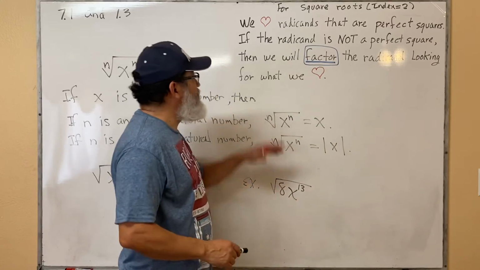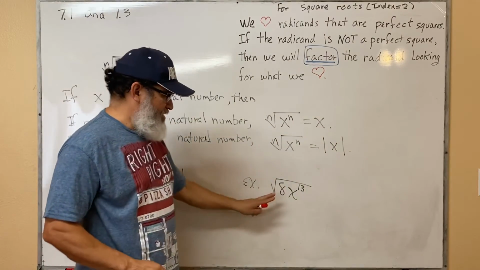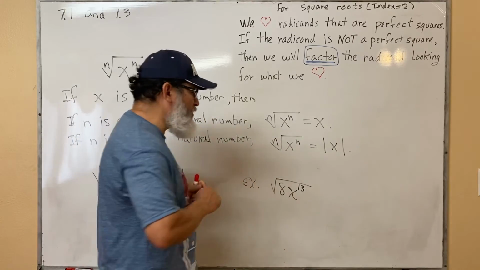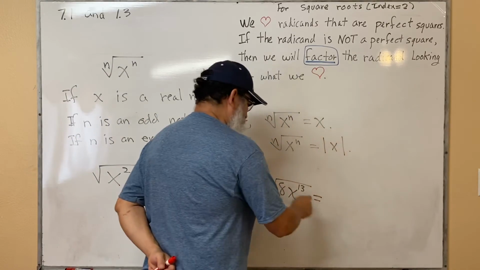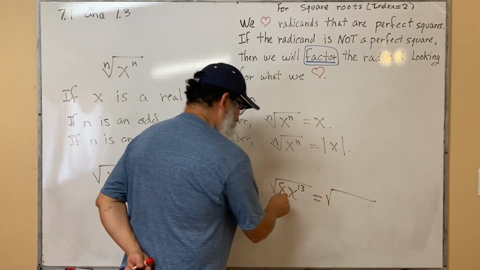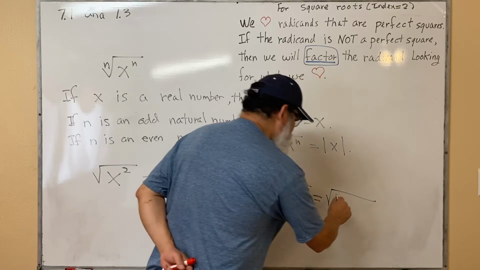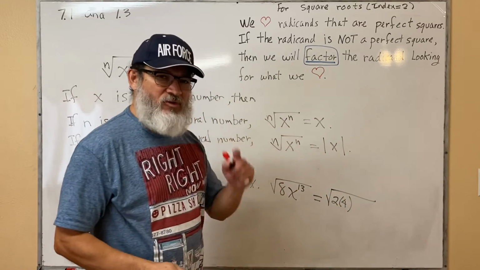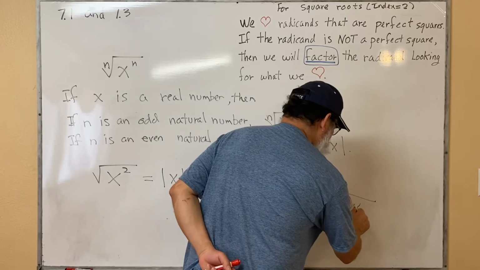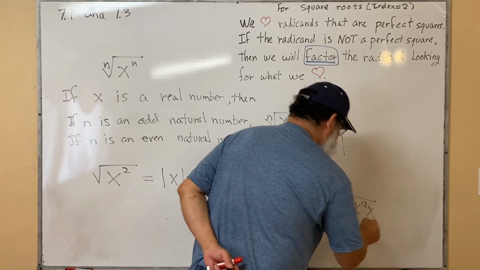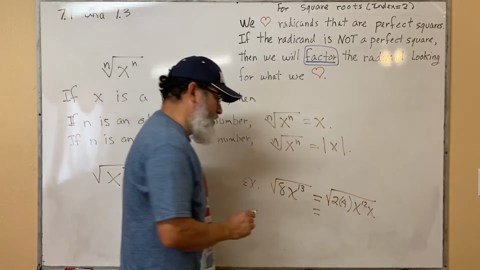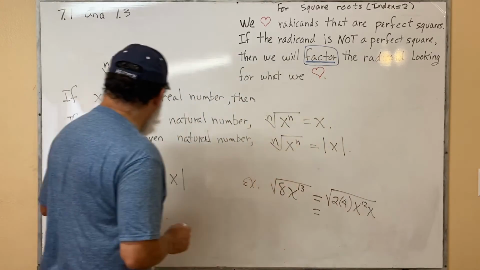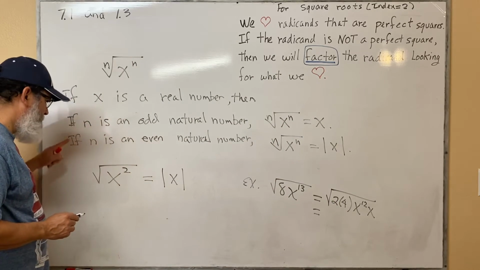Let's find that answer. Let's find factors of 8 that are perfect squares. The square root of 8 is 4 times 2. What about x to the 13th? That's x to the 12th times x. We love the 4 and we love x to the 12th because of this rule.